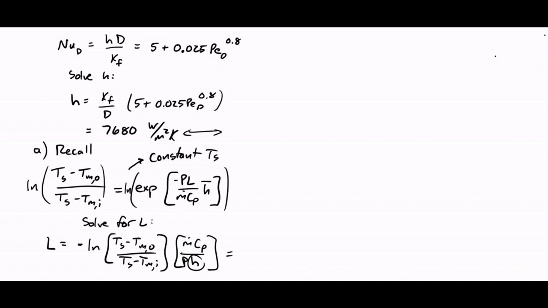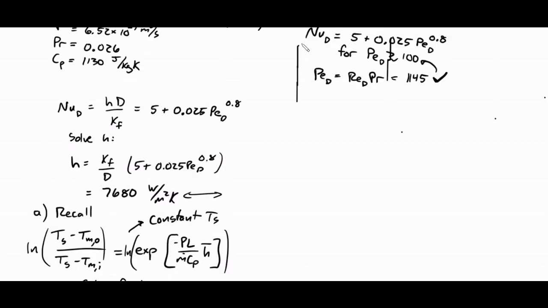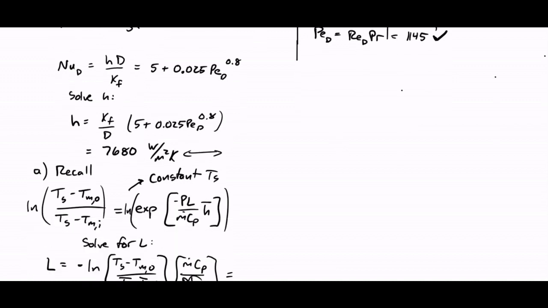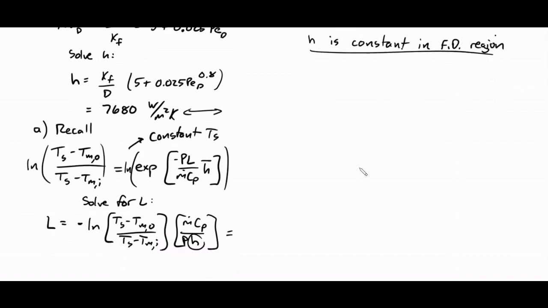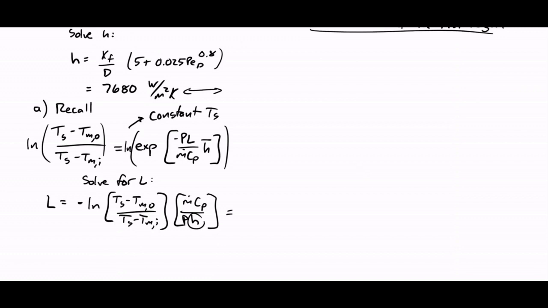Is that at the very end at x equals L, or is that the average over the whole thing? Well, you'll remember that H is constant in the fully developed region. And so because it is a constant, then the average and local values are essentially the same, ignoring any effects from the developing region, which we will say is small. Okay, so when we plug in our H value we have right here, we get a length of 0.9 meters.